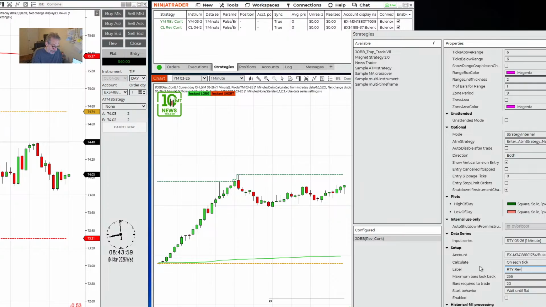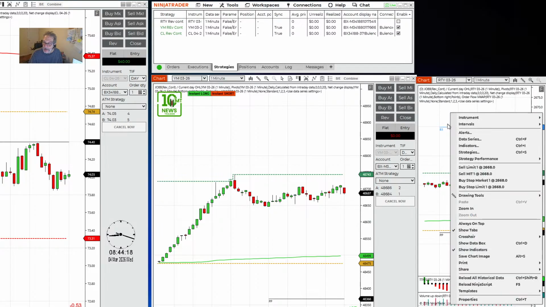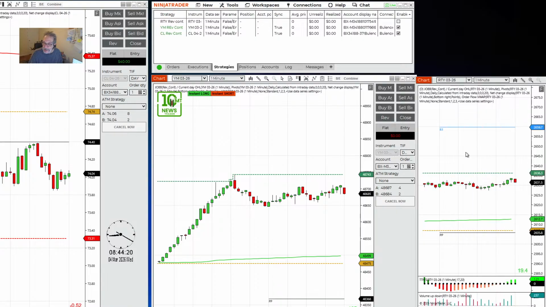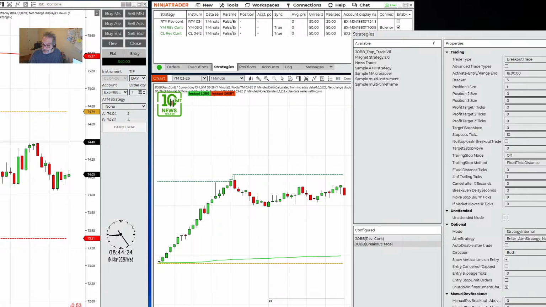Okay. Might as well put the market open on RTY. So we have an opening range. That's a ways away, but I'll load it, throw it on the chart.